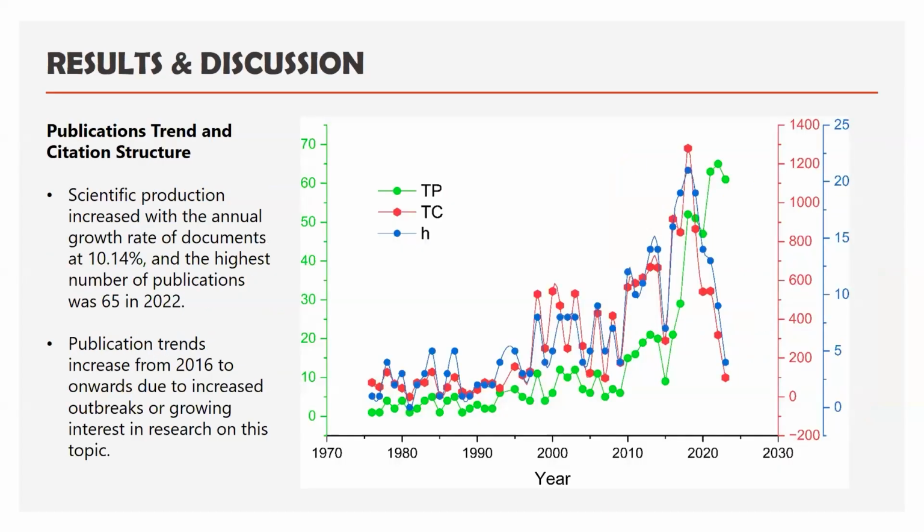Now the results and discussion. Publication and citation trends are depicted in the picture. Total publications rise and reached their peak in 2022 with 65. Total citations and H index reach their peak in 2018.